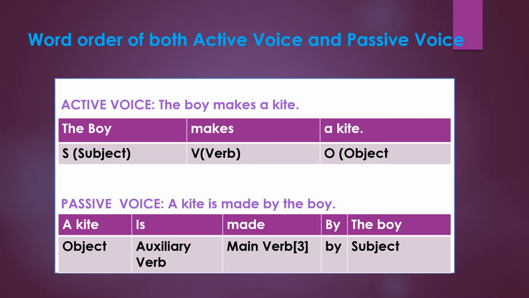By is the addition which we use for passive voice, and then the subject will take the place of object. So the word order for passive voice is object plus auxiliary verb plus main verb plus by plus subject.